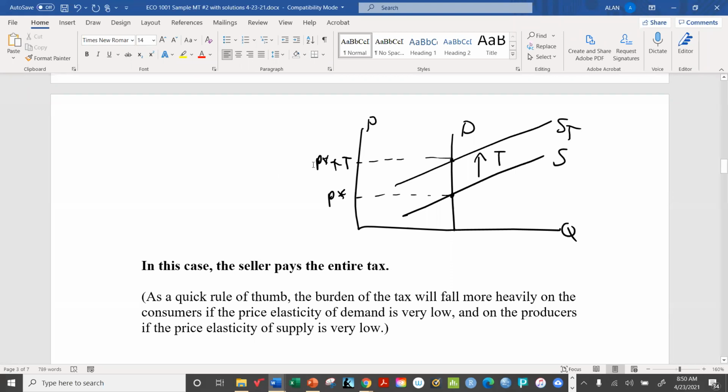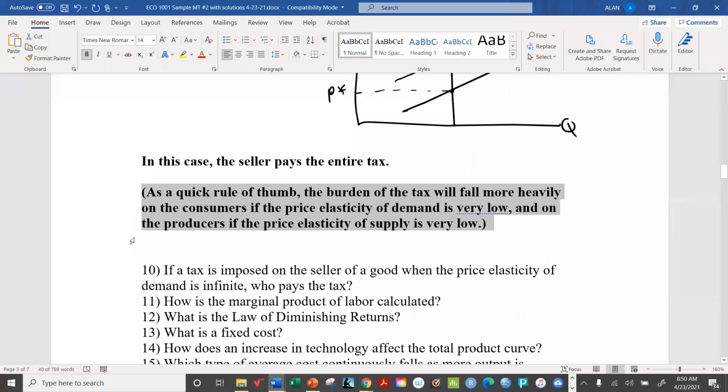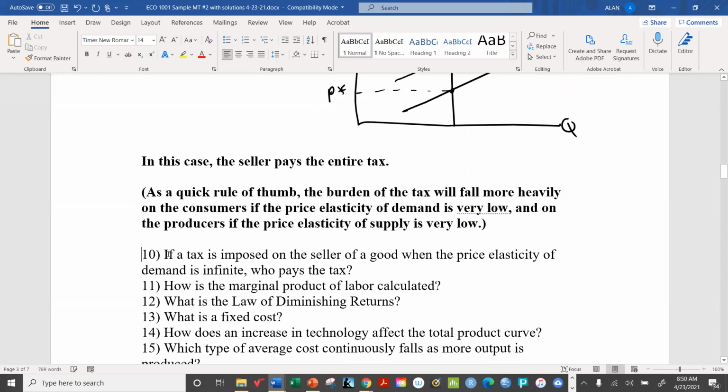So just remember here, because the price elasticity of demand is so much lower than for supply, that means most, in this case all, of the tax is being paid by the consumer. All right, just as a quick way to help you remember these relationships.